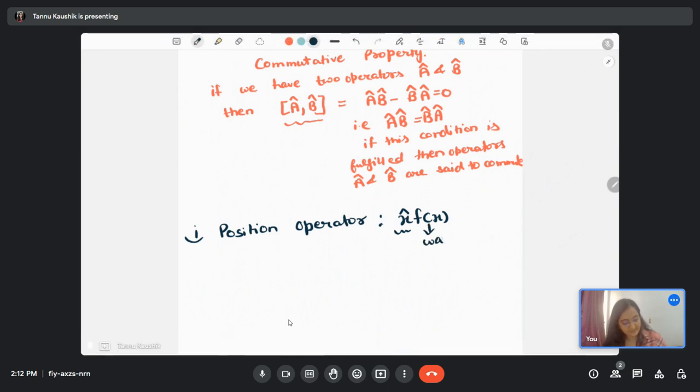So the position operator is x, this is the position operator.